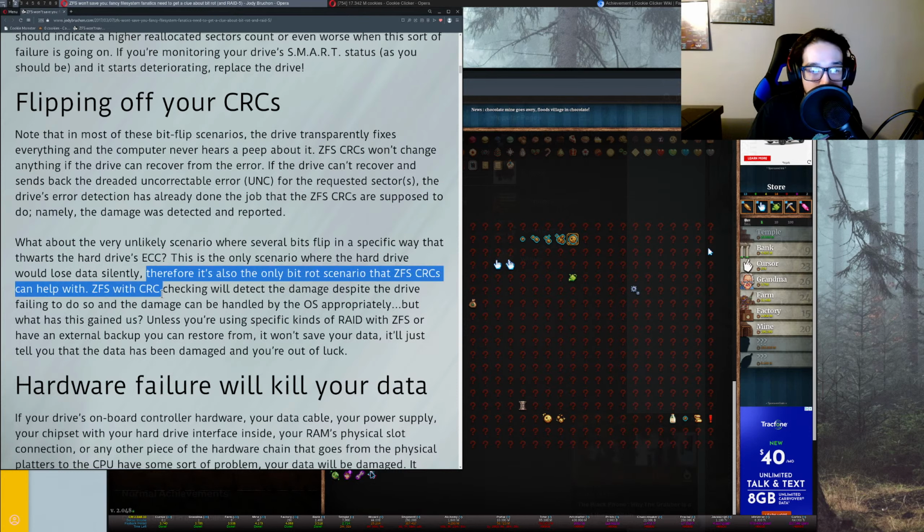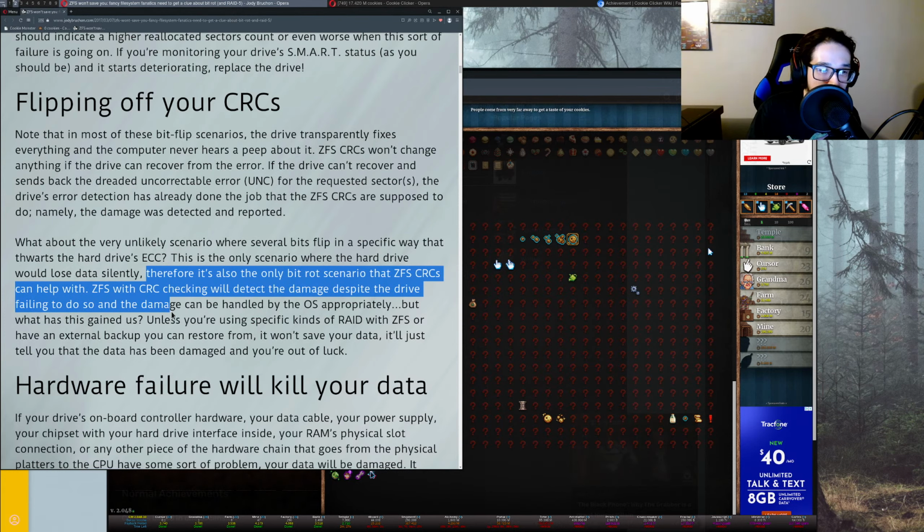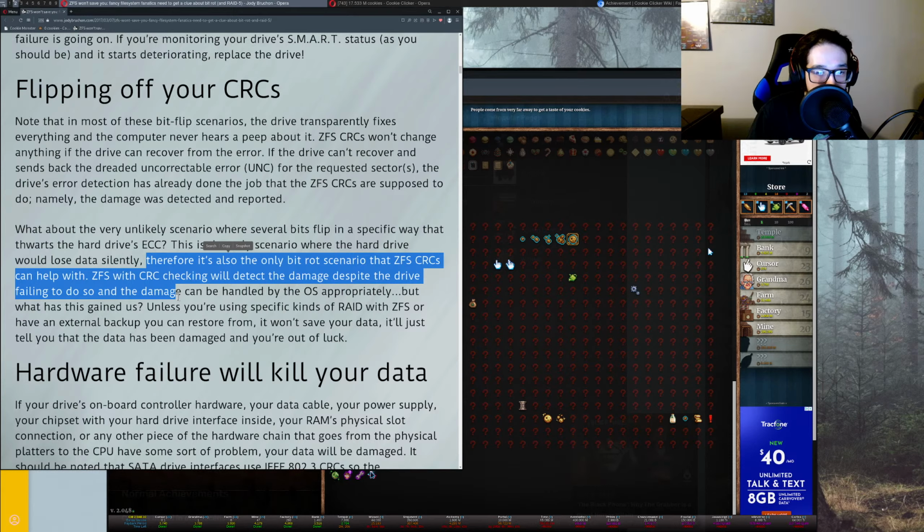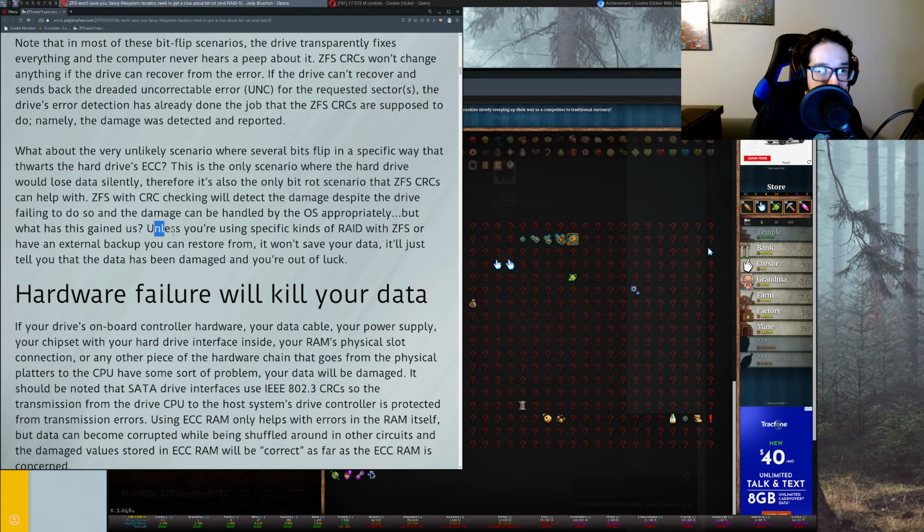ZFS with CRC checking will detect the damage despite the drive failing to do so, and the damage will be handled by the OS appropriately. But what has this gained us? Unless you're using specific kinds of RAID with ZFS or have an external backup you can restore from, it won't save your data.